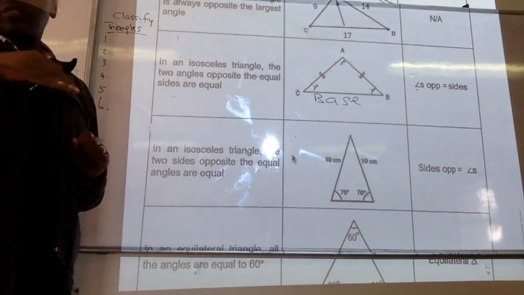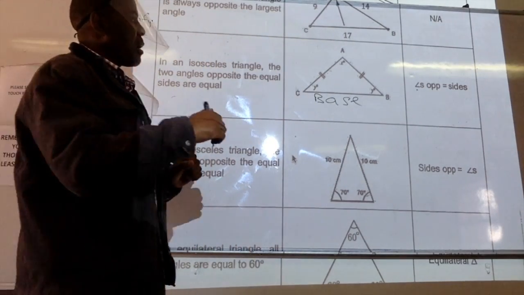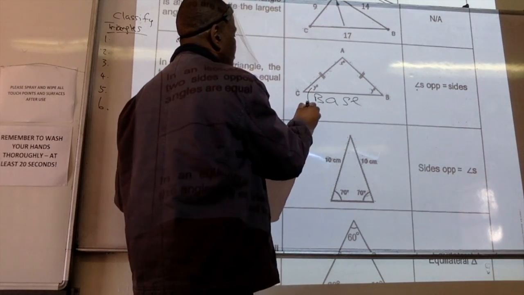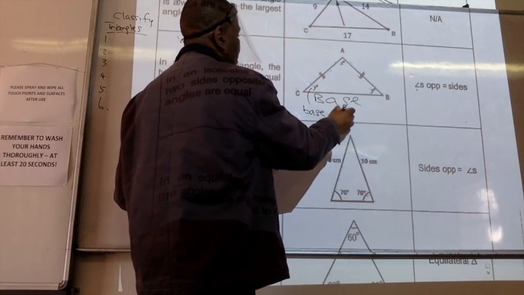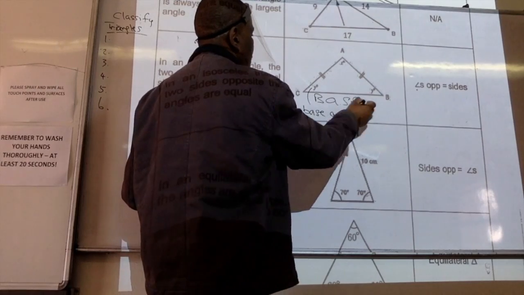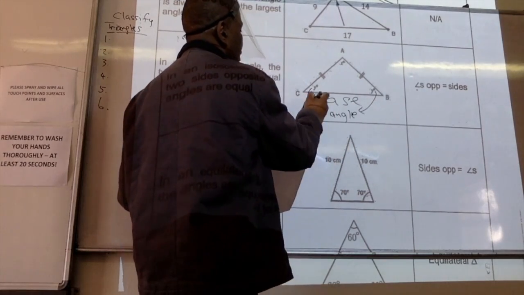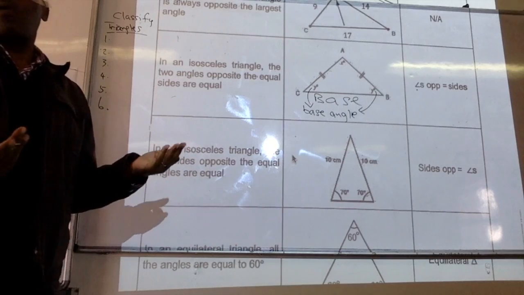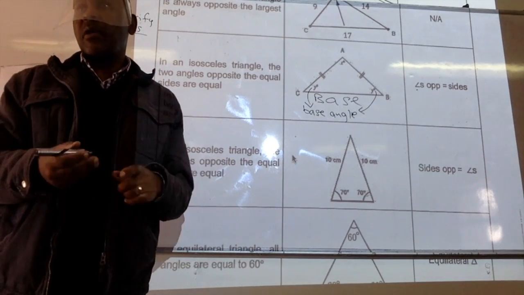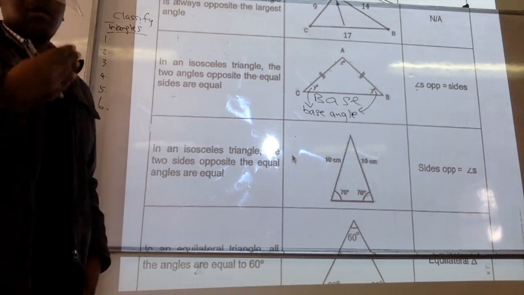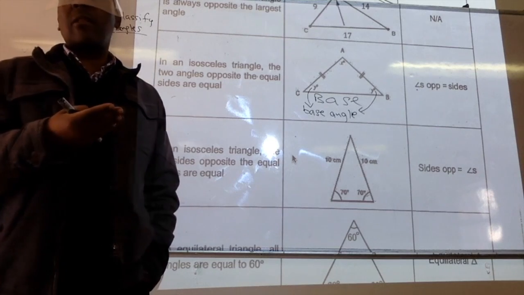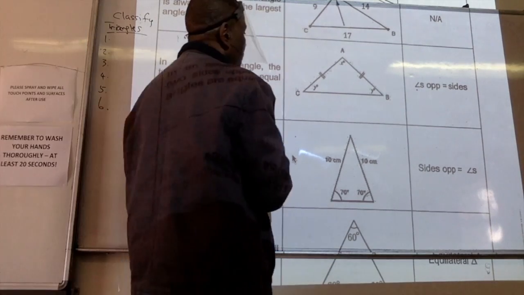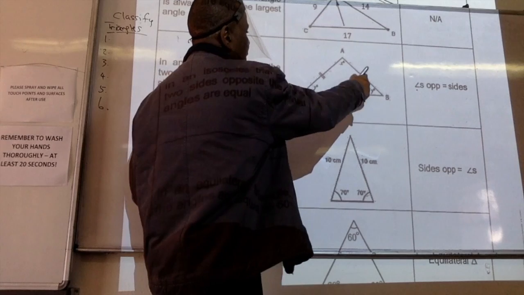So that is the base of the triangle, right? And so some people refer to this one here as a base angle. So this is a base angle, and that is also a base angle. I think it makes sense. You understand why they call them base angles, right? And so you'll hear people talk about base angles of an isosceles triangle are equal, right? Do you see that this side and that side are equal?